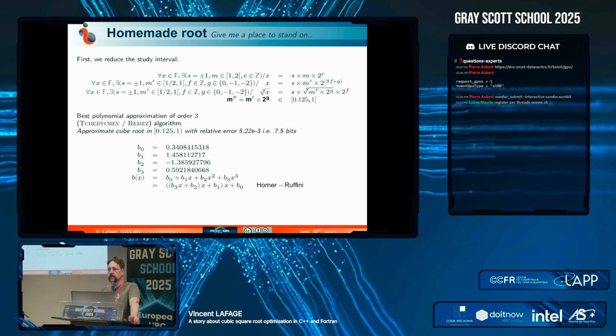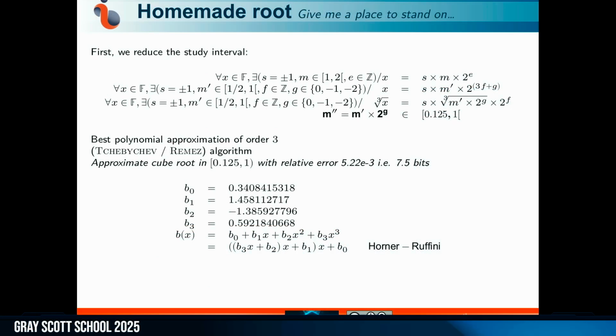And the next problem, now that we have the iteration in place, is how to reduce the study interval. I mean, how will we get a nice starting point for these iterations?